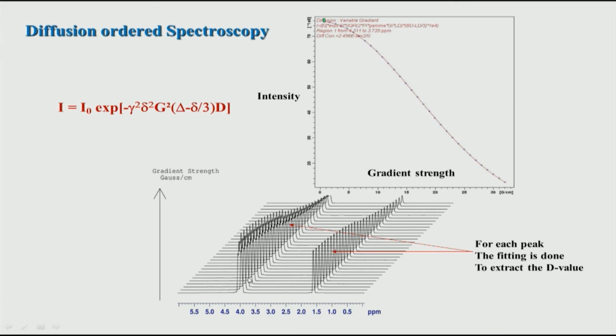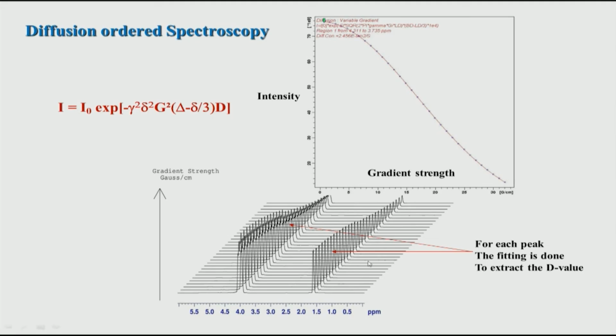What is done is, for each peak in the spectrum a D value is calculated. It is not that D is calculated for the whole molecule, D is actually calculated for each and every peak in the spectrum. If all the peaks belong to the same molecule, then obviously you will get the same D value for all the peaks, but you may have a mixture of molecules which have different D values.